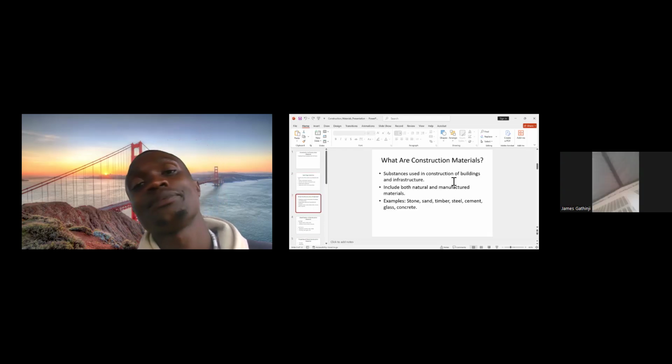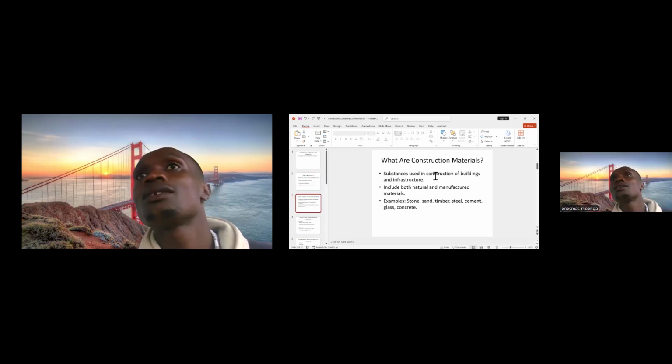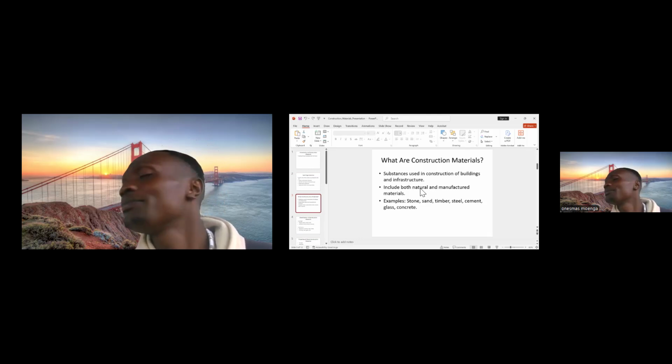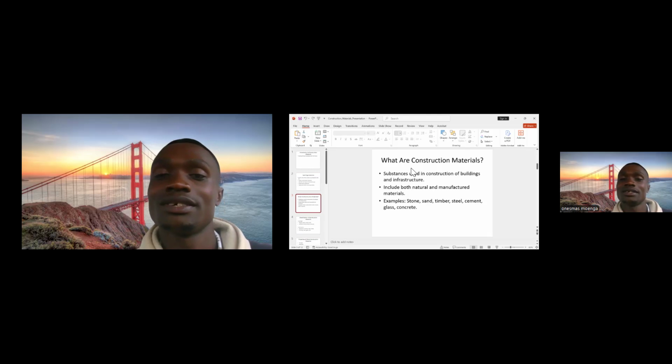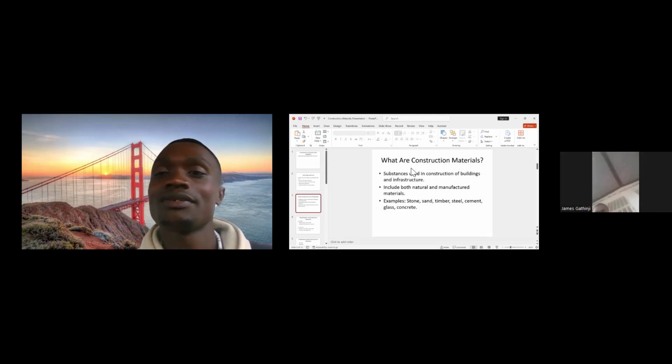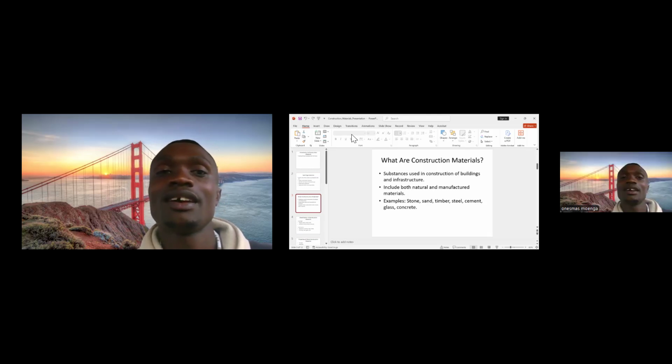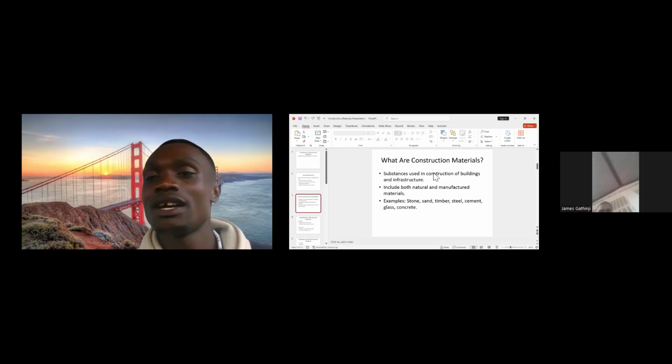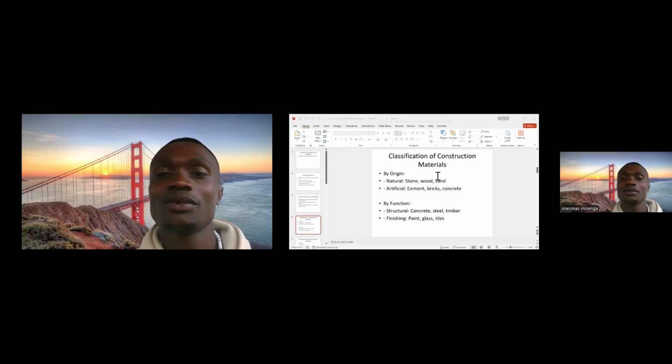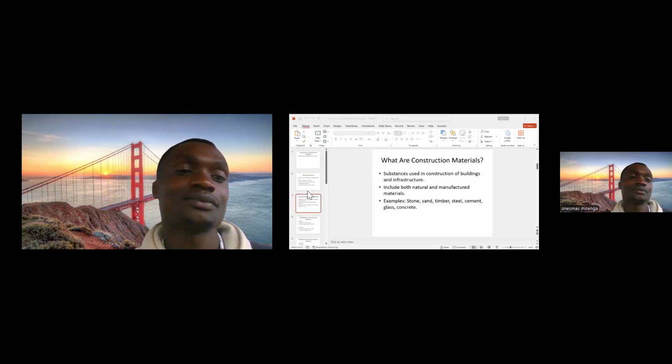To start with, in your own words, in the chat box, you can type what construction materials means. Type anything in the chat concerning construction material.